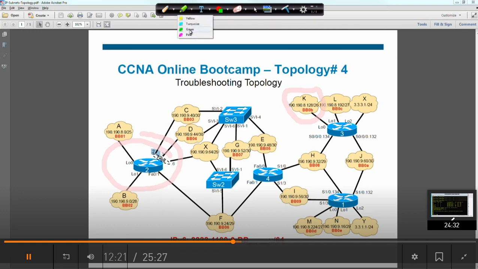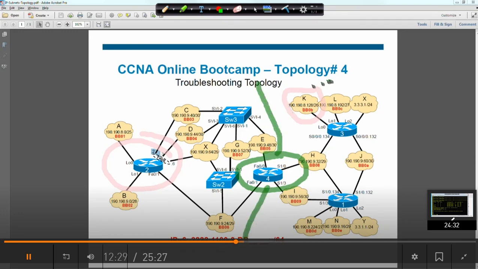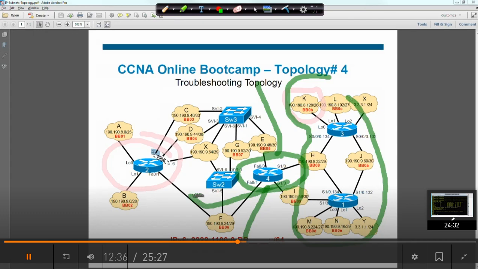The answer to that is Router 4. Once again, because Router 4 is the dividing line between two areas, for any of the networks in this area, Router 4 is the area border router responsible for advertising that into area 0. So it will be his name on that LSA. Exactly. 4.4.4.4.